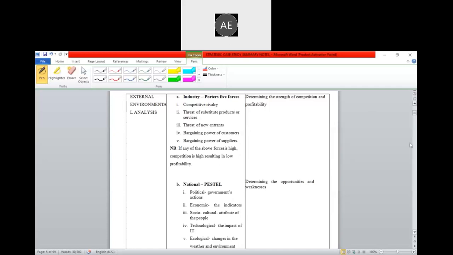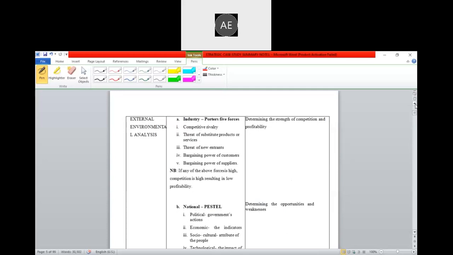So there are two main factors in the external environment: opportunity or what? Threat. So the factors in the external environment that can help an organization achieve its objectives is opportunity. And those factors in the external environment that will hinder or prevent the organization from achieving its objective is called a threat.